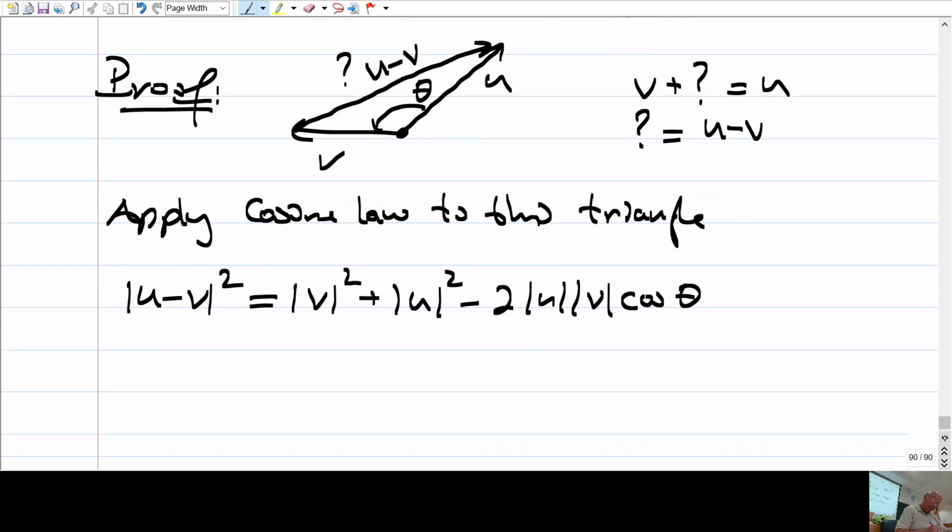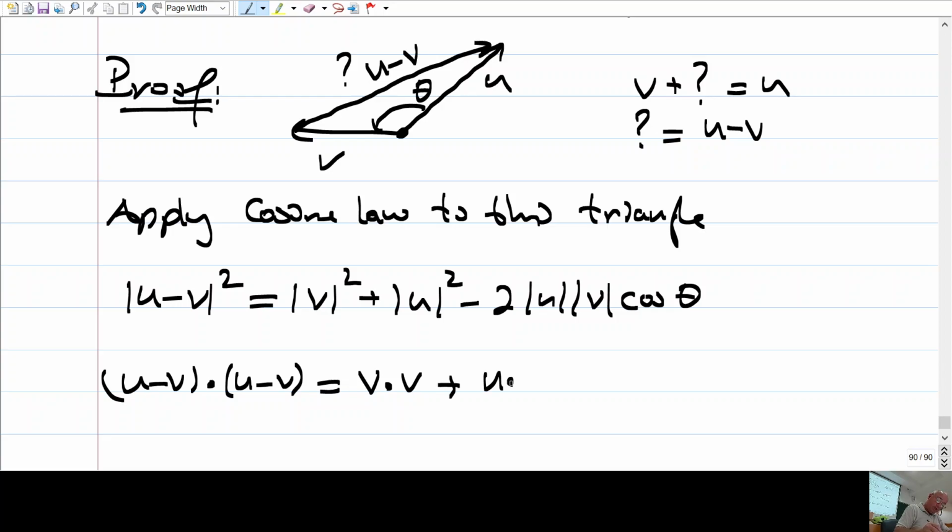Okay. Well, what is this? Well, this is u minus v dot product u minus v.